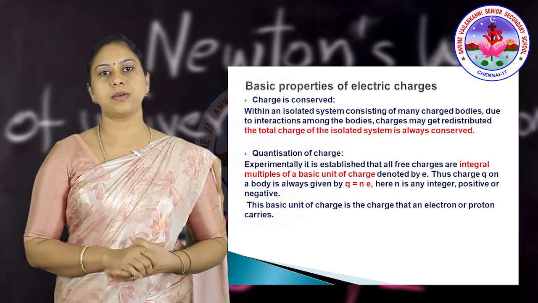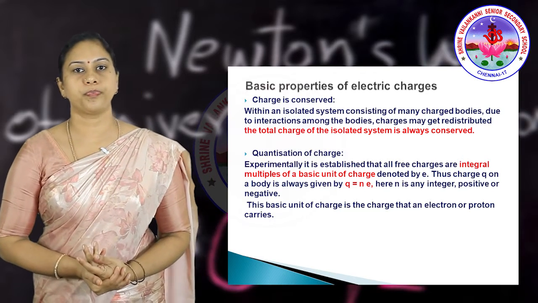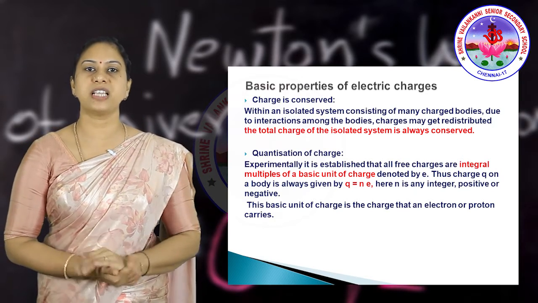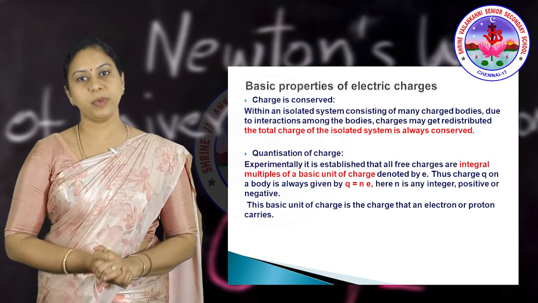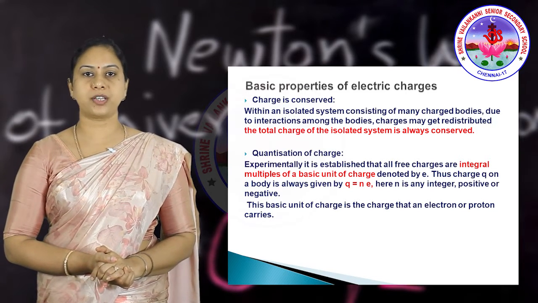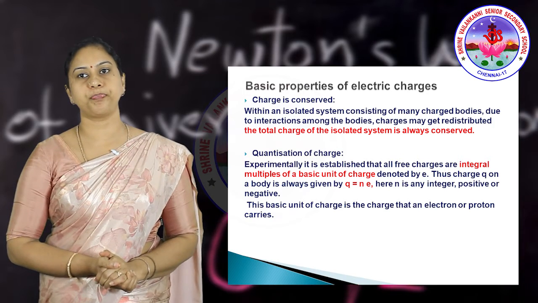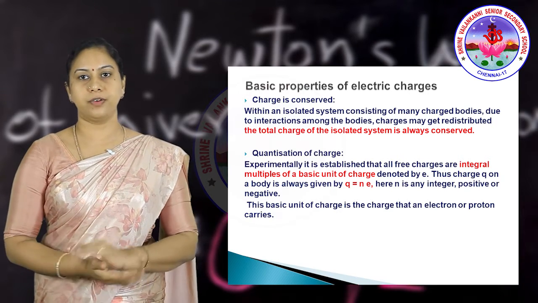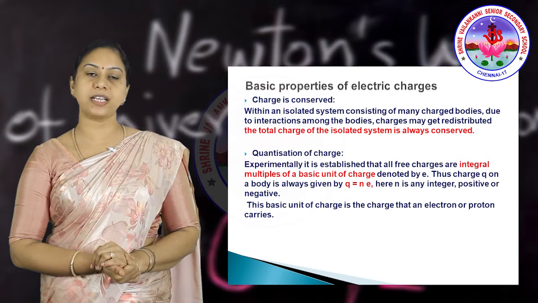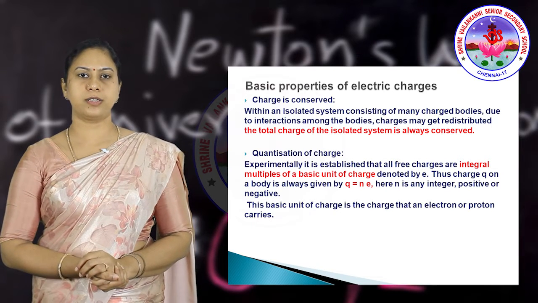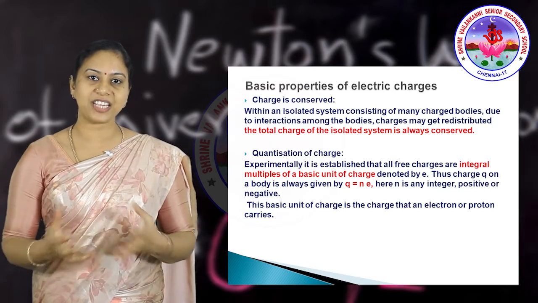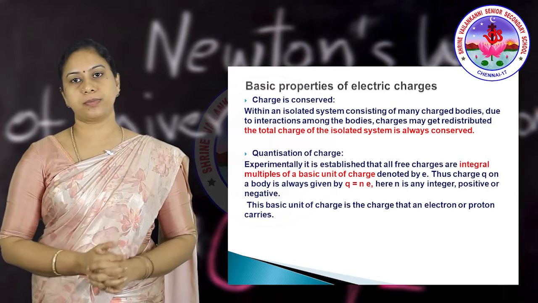The next one is conservation of charge. We know that very well. The charge is conserved, which means the total charge of an isolated system is always conserved, where the isolated system contains many charged bodies interacting among themselves.